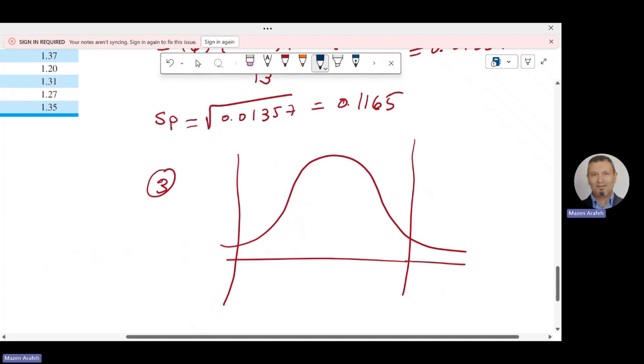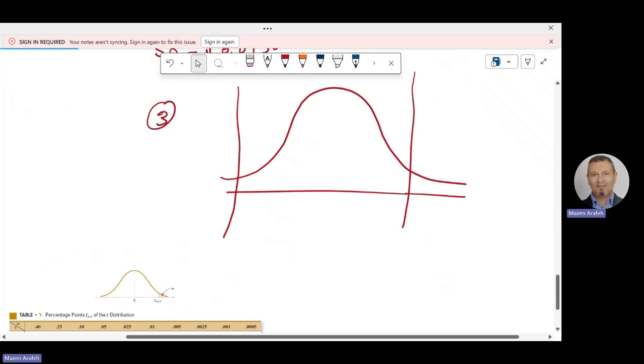Okay, so now to identify the critical values and therefore the acceptance and rejection regions, this is two-sided and alpha is 0.05, so this is t 0.025 with the degrees of freedom, total degrees of freedom again 13, and this is minus t alpha over 2, 0.025, with degrees of freedom equal to 13.